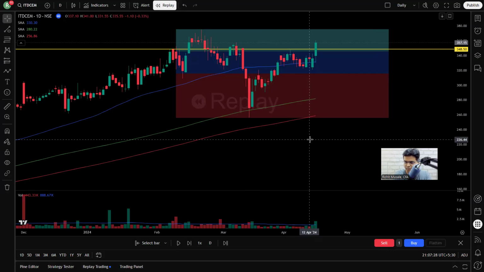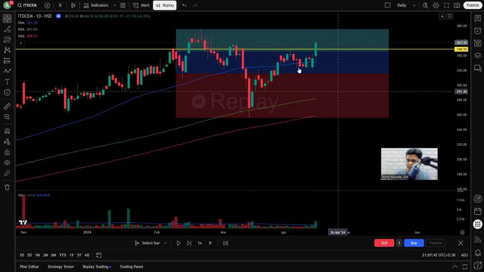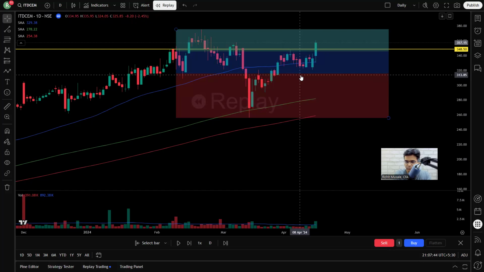So I talk a lot about green zone closings in my videos. And I always caution you, I always warn you against buying stocks which don't even show you green zone closing. But have a look at this. Also remember Tata Investment that broke out in November, IRFC, BHEL. These were 2023 stocks.